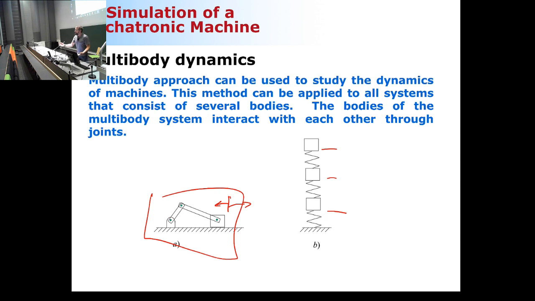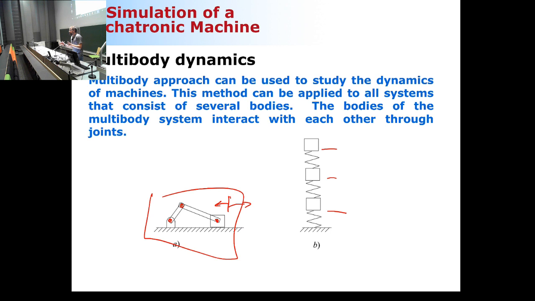How that way is defined is with these revolute joints, because we cannot break the joints. They are mathematical representations, so they will not break. So by moving one body, I can solve for the other bodies by using just the kinematics. So that is a multibody system.